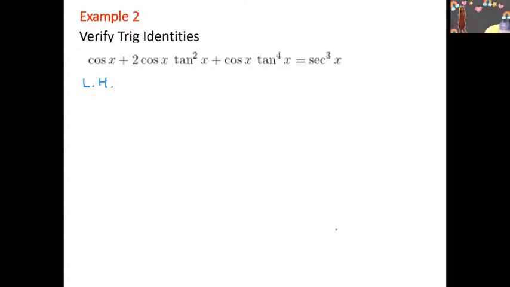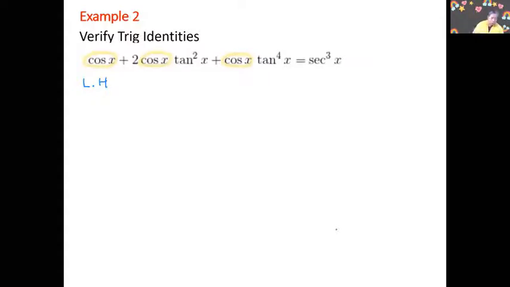Then, left-hand side, and let's notice the first step for us to do is factoring the common factor. How do we know? Because every term in the left-hand side includes cosine.